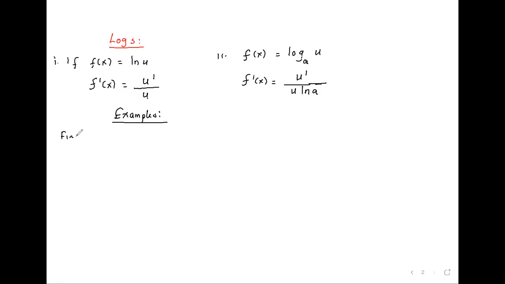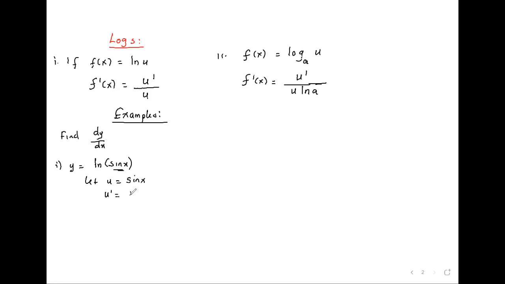Find dy dx. 1, y is equal to ln sin x. So in this case, what is our u? Our u is sin x. So I'll let u be sin x and then differentiate it.